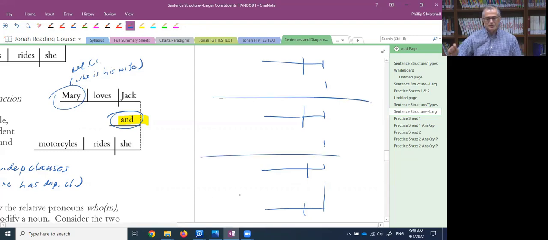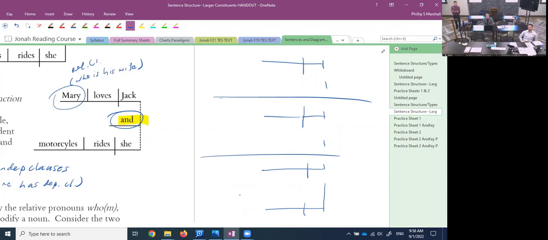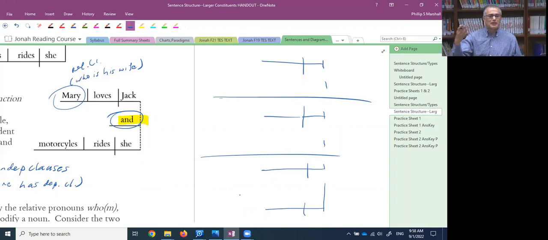But if you found two sentences joined by a vav, which seem to have a closer relationship to each other as independent clauses, more closely related to each other than to the next sentence, then you could make a judgment and put them together as a compound sentence. You see that a lot in Hebrew poetry as well, because you have these sets of parallel lines.